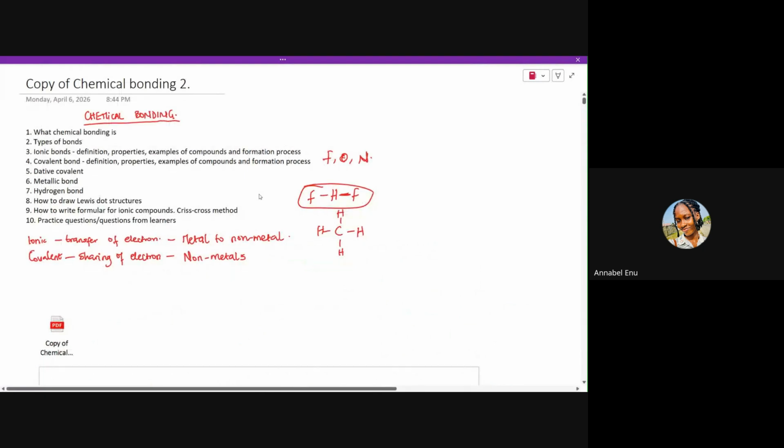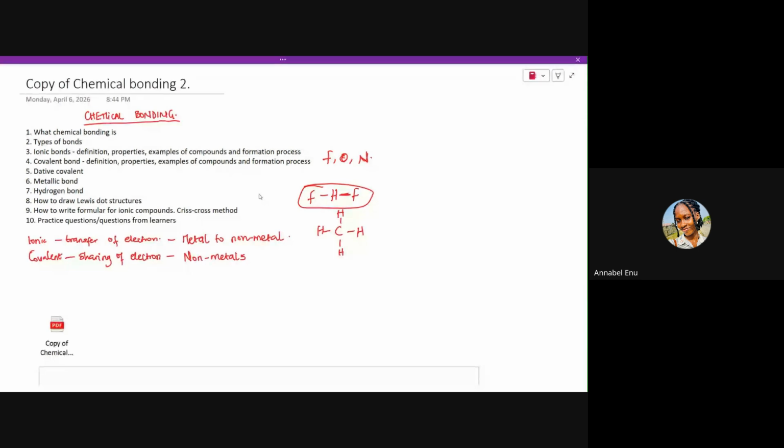Ionic bond has to do with transfer of electrons from metal to non-metal. It involves a metal and a non-metal, and it involves transfer. That is, one is given to the other.